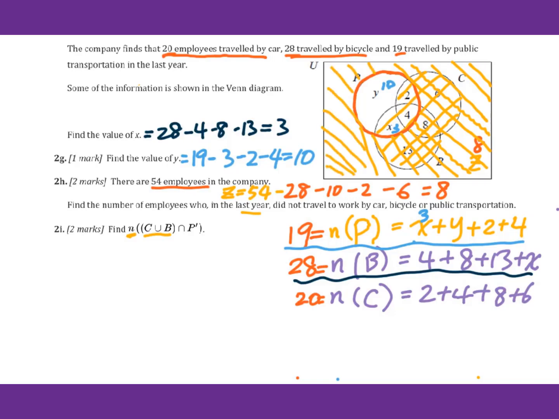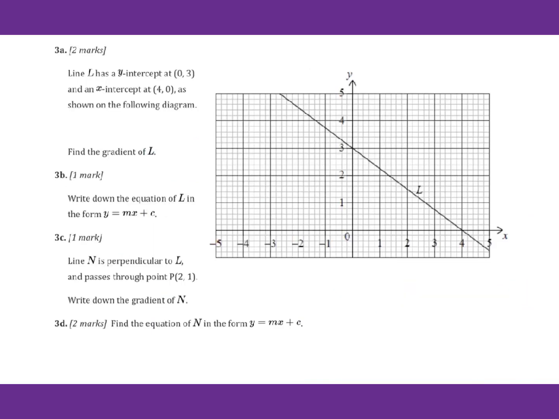Then just check which area is overlapped. You could say this area. So we add those numbers together. That equals 6 plus 8 plus 13. That is 27.